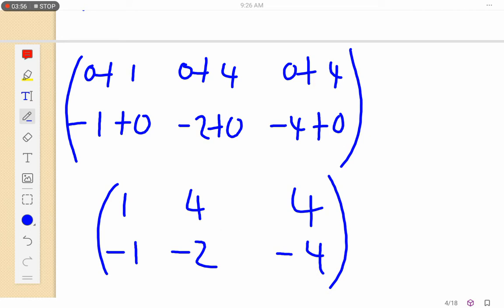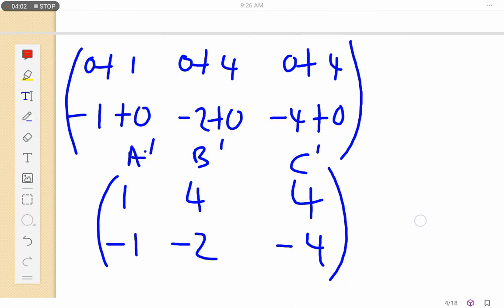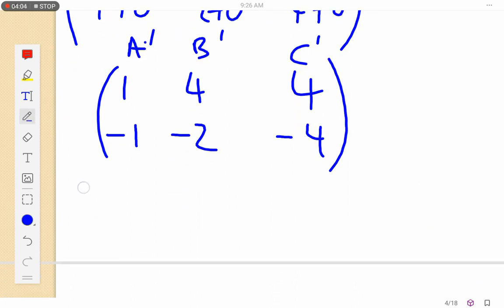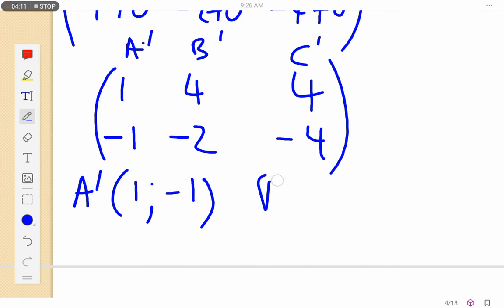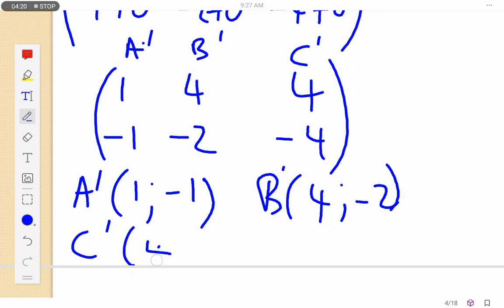Remember this was our A, B, and C. Now it's the images. So we can write the vertices as A image is now (1, minus 1), B image is (4, minus 2), and C image is (4, minus 4). So that's how we do the matrix method.